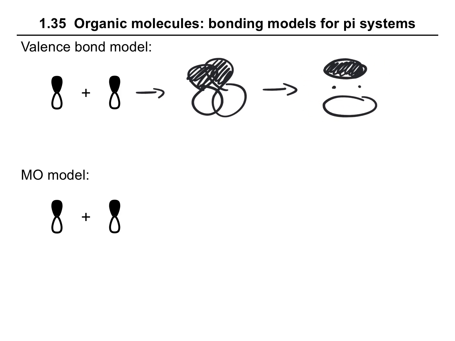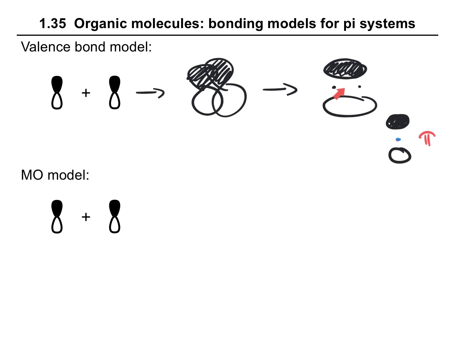In this case, our cross section, if we were to look at the back nucleus, and let's say this is the front nucleus, then our electron density is going to be above and below the axis that joins those atoms. So very different than what we had in the case of a sigma bond. This one is a pi bond.